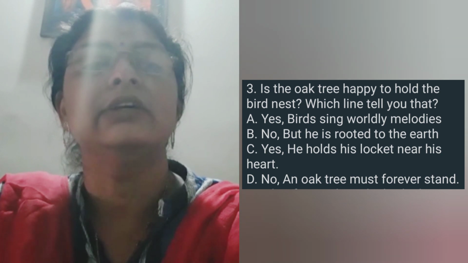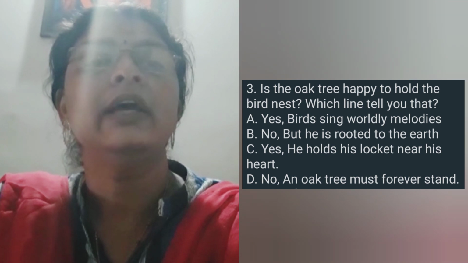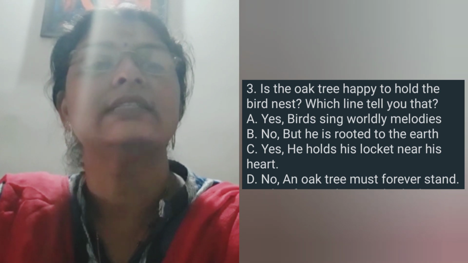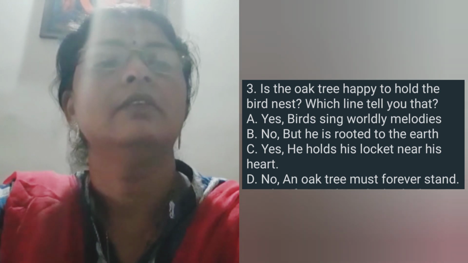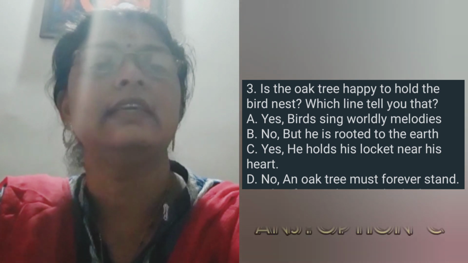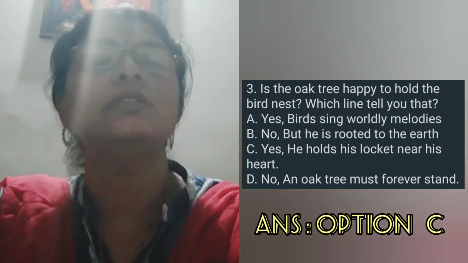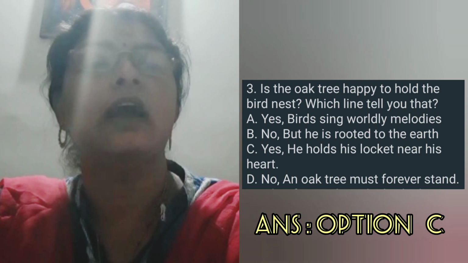B, no, but he is rooted to the earth. C, yes, he holds his locket near his heart. D, no, an oak tree must forever stand. And what is the answer? The answer is C. Yes, he holds his locket near his heart.